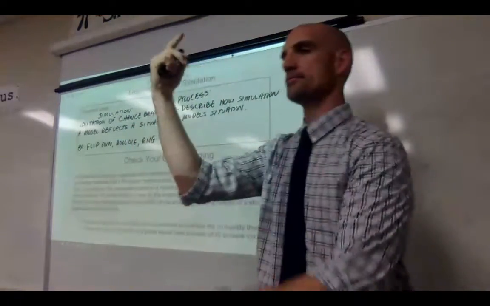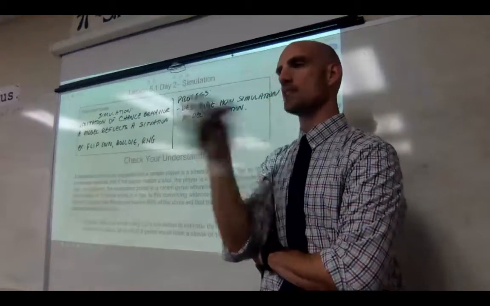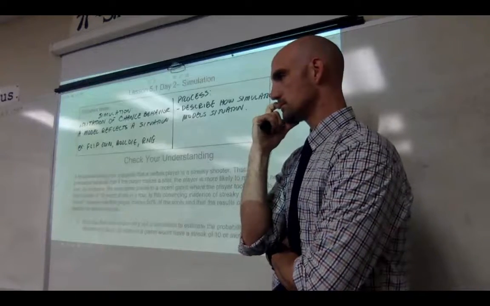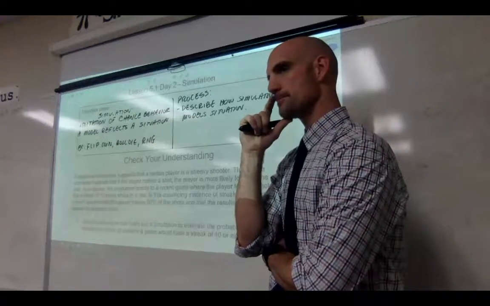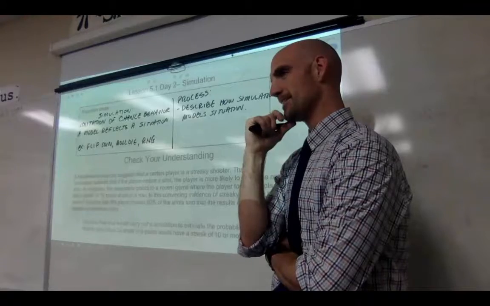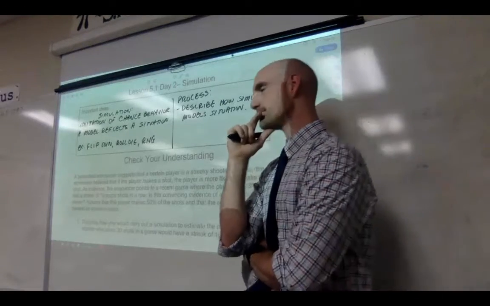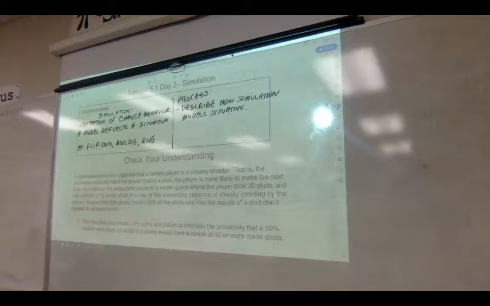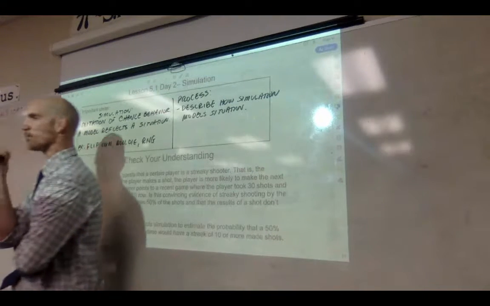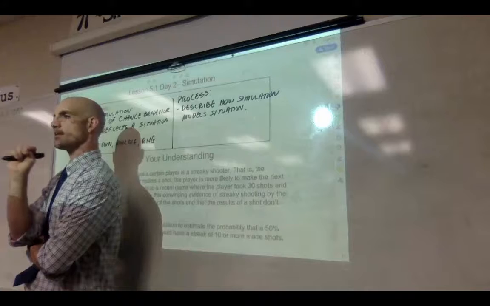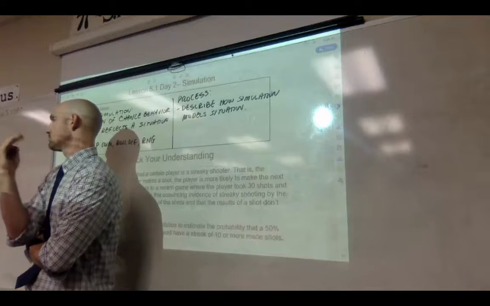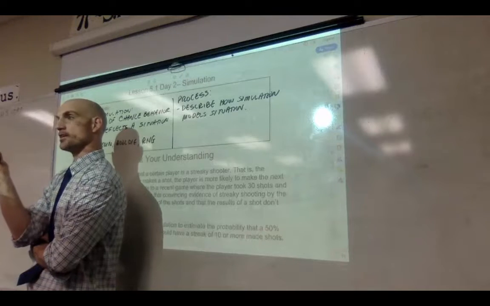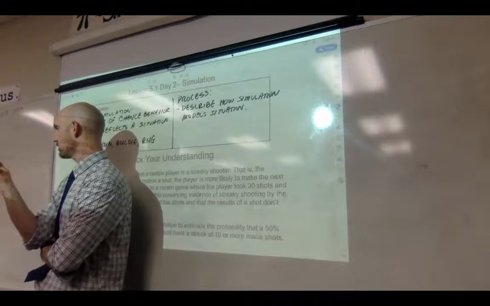You choose a number that's a winning number. Set it 1 to 12, make 2 of the numbers winners. Why 2? Because it needs to be a 1 in 6 chance of winning.